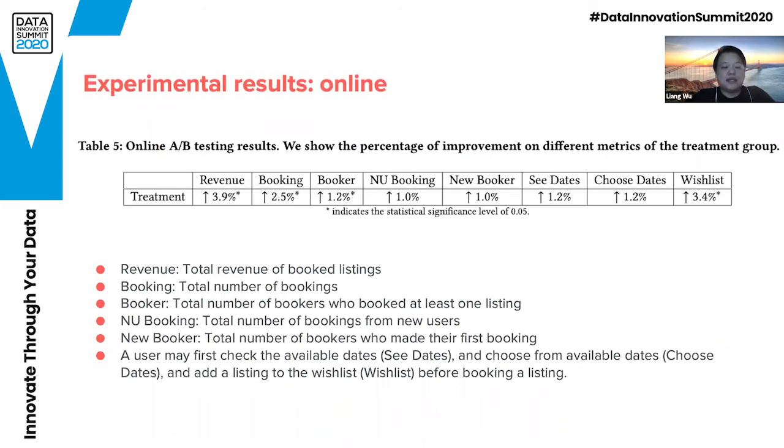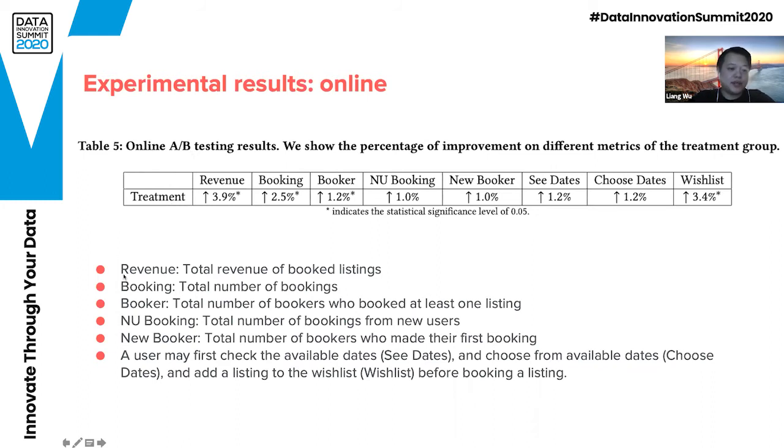So we tested the model on the global users of Airbnb Experiences. So all the users are in this experiment, and we ran the experiment for about 3 weeks, and we use 8 metrics to measure the effect.